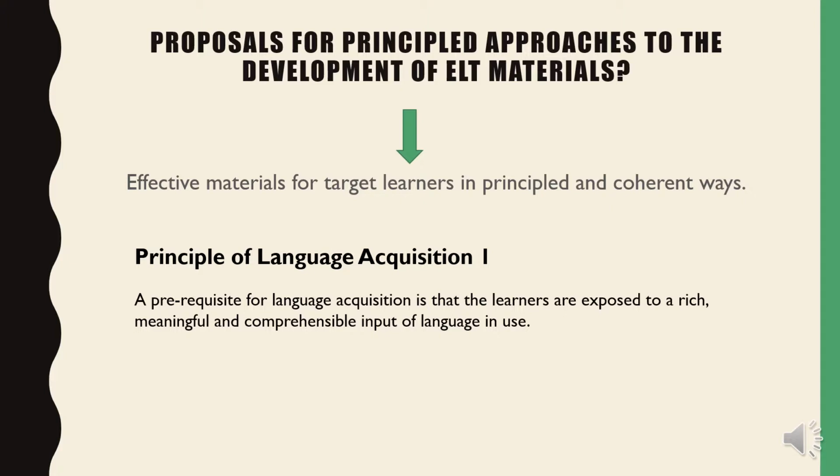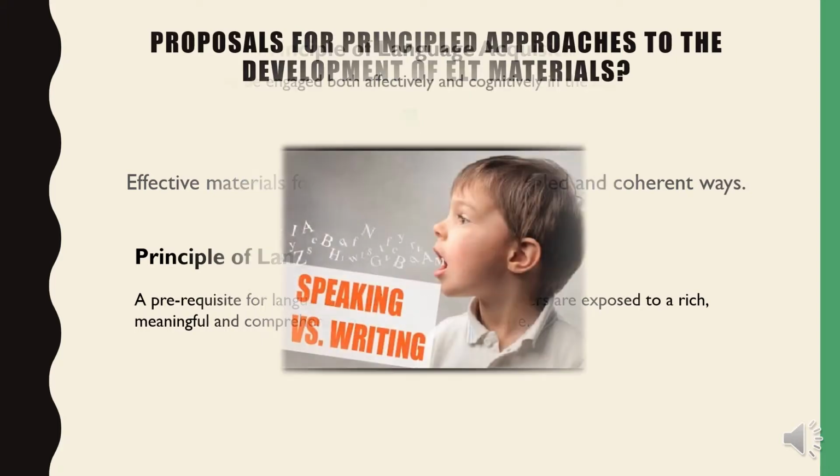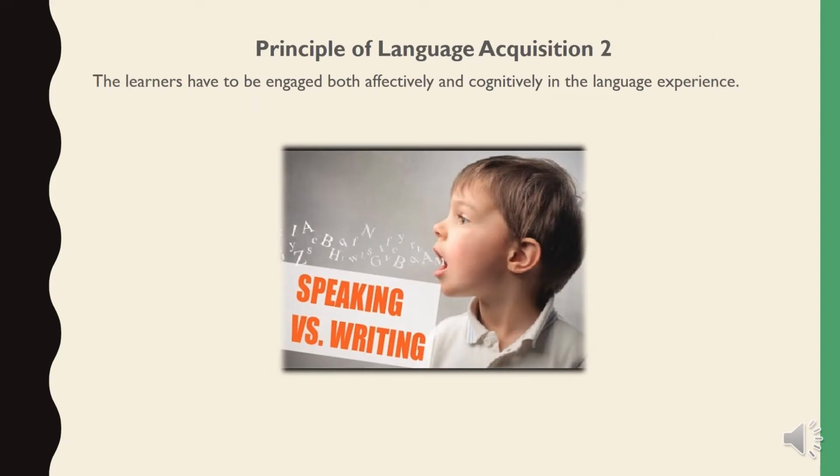The principle number one is a prerequisite for language acquisition is that the learners are exposed to a rich, meaningful, and comprehensible input of language in use. The second one is the learners have to be engaged both affectively and cognitively too in the language experience.